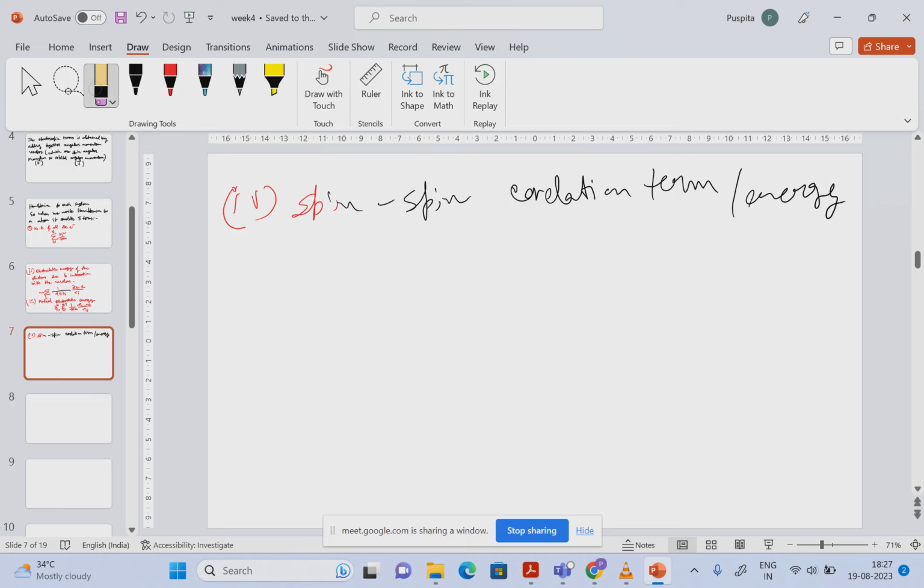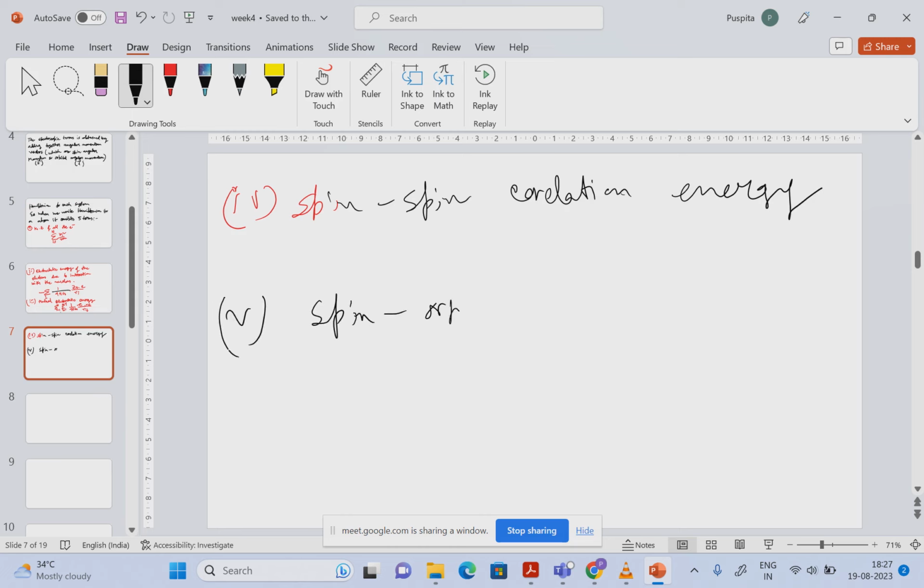Let's not use the word term because it will be confusing. Energy. Okay. The fourth term is spin orbit interaction.